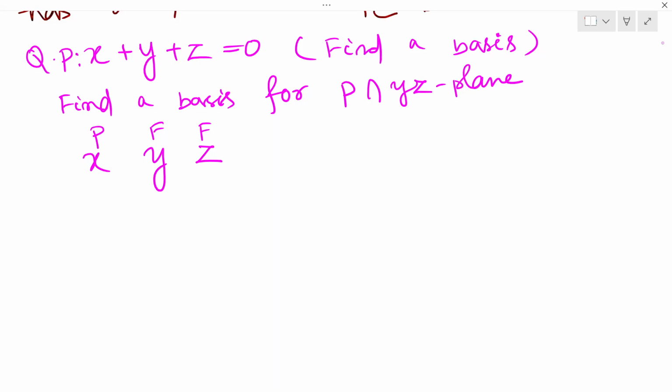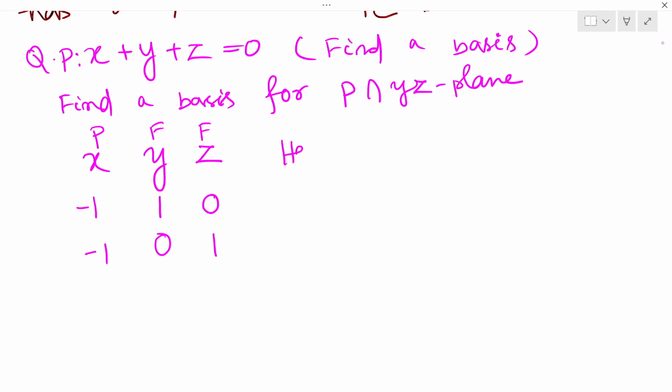So I have one restricted variable x and two free variables y and z. I can arbitrarily give any value to y and z. But to make the task comfortable, I will assign one free variable as 1 and another as 0. Similarly, I will assign 1, 0 here, and find the corresponding value of x. It is minus 1, it is also minus 1.